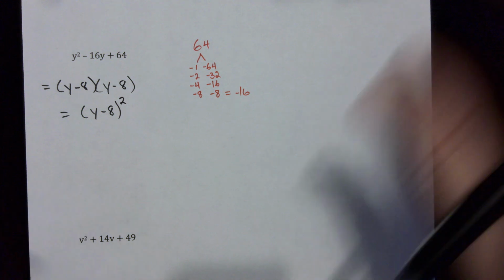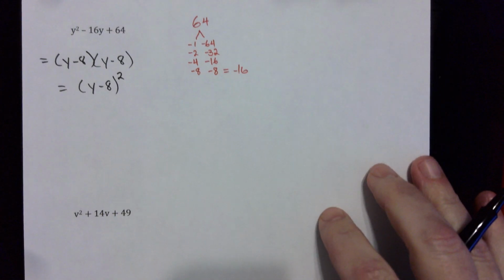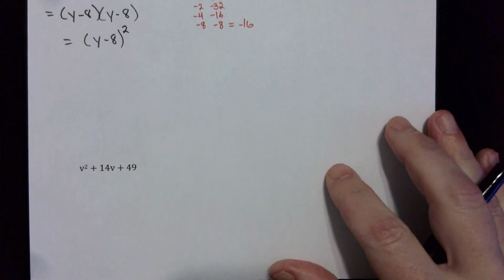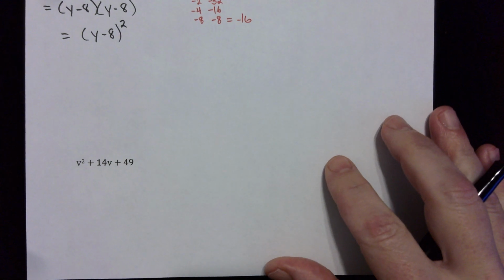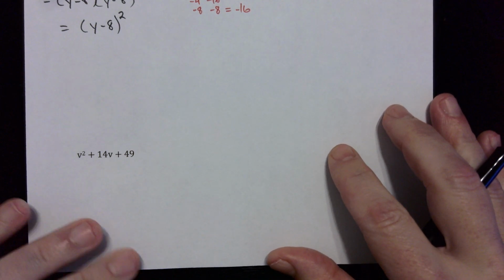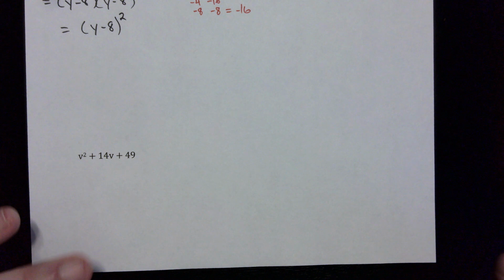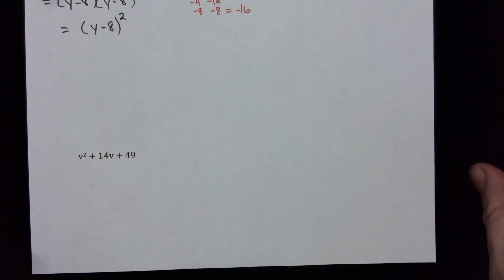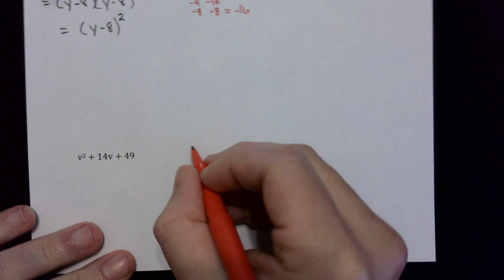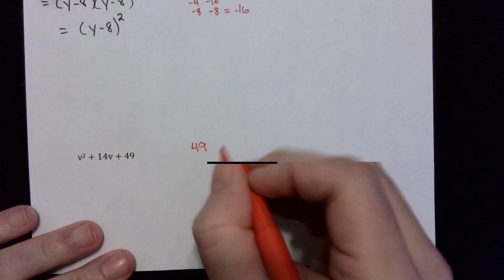Okay, let's take a look at that last one. We've got v squared plus 14v plus 49. So we're looking to multiply to get 49, but add to get 14.